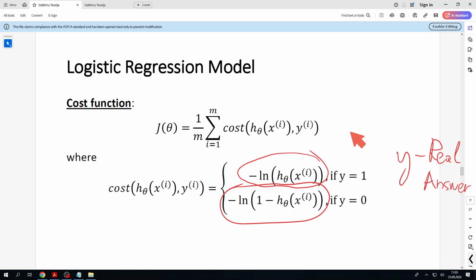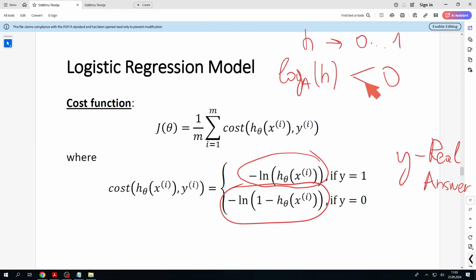Inside, what we are basically doing here is calculating the logarithm of the hypothesis, and with a minus sign, because your hypothesis is now in the range from 0 to 1, and the logarithm of any base, some base a, of this number h will be negative, yes?